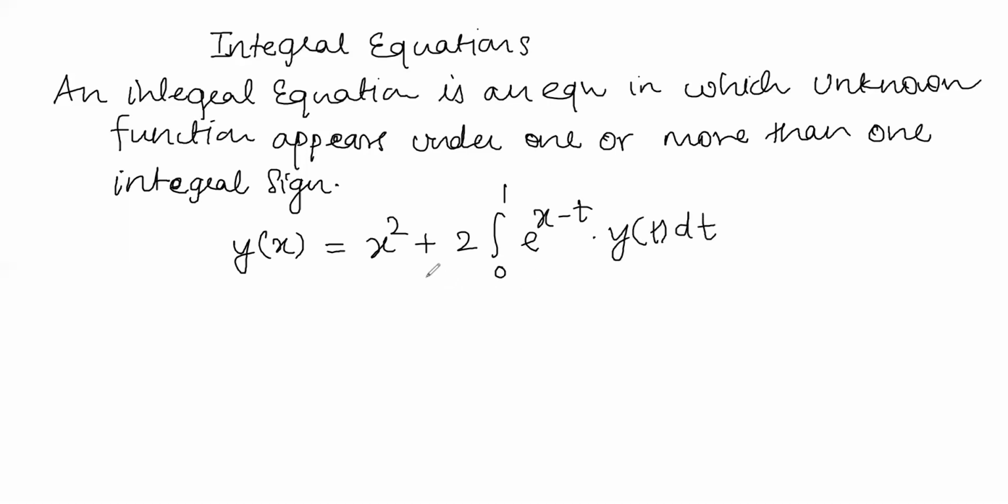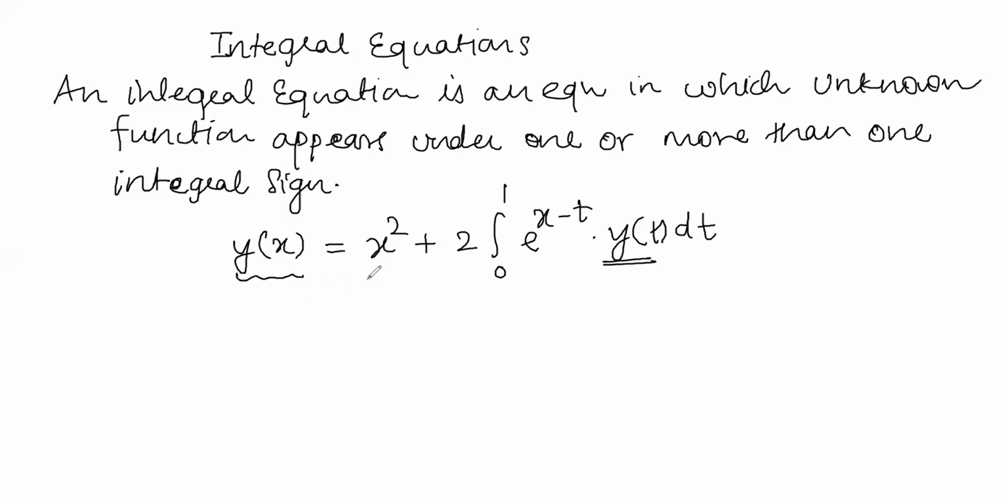This is simply one example, and here I do not know what y is. This y is my unknown function, because I cannot say y of x is a function of x completely, since in the next term I have y of t dt. Unless I know what y of t is, I cannot say that I know this equation. So here y of x is unknown.